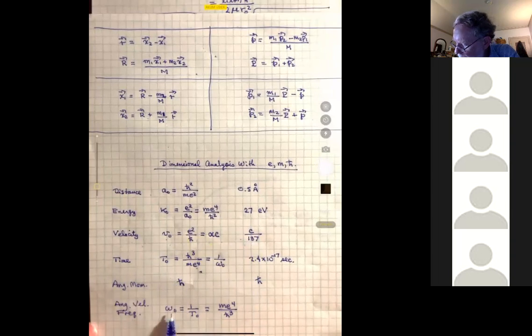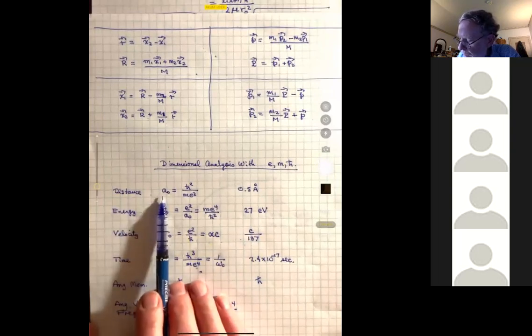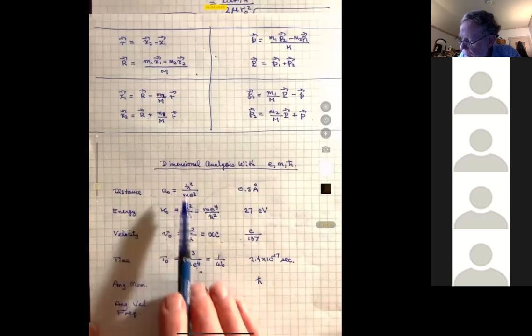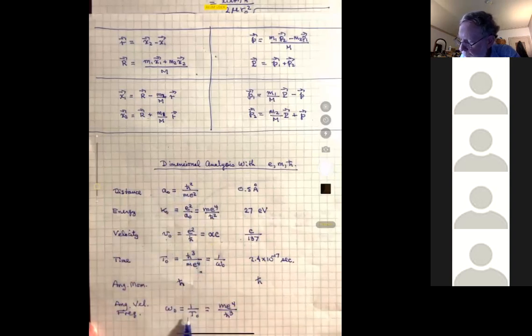There's also an angular velocity, omega 0, with a unique way of constructing it: m e to the fourth over h bar cubed. This is the angular velocity of the electron in the ground state of hydrogen. So the hydrogen atom radius is the Bohr radius, the energy is twice its ionization potential, and this is the frequency of electron motion in the ground state. All these numbers are coming out as being characteristic of hydrogen.